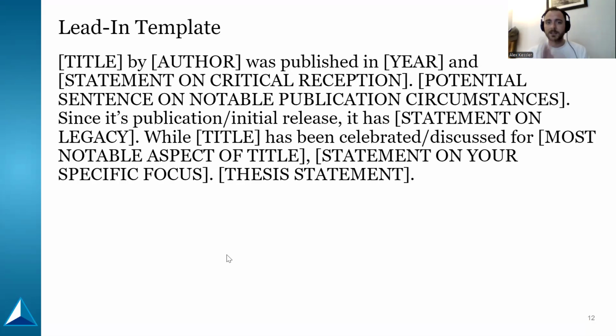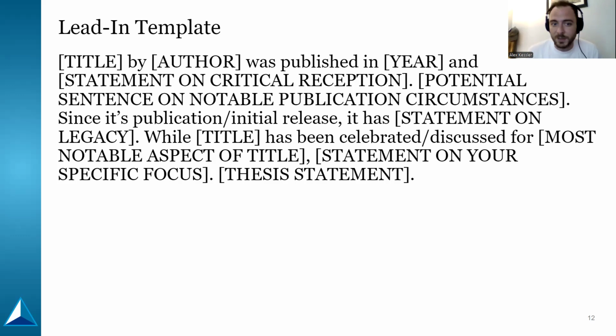So for that basic lead-in template, we would say, title by author was published in year, and this is where you would give a statement on critical reception, and it was received fabulously or it bombed in its time, or whatever the case may be. You're just introducing the basic facts of this text and how it was received in its time.